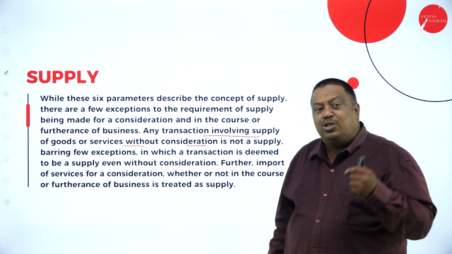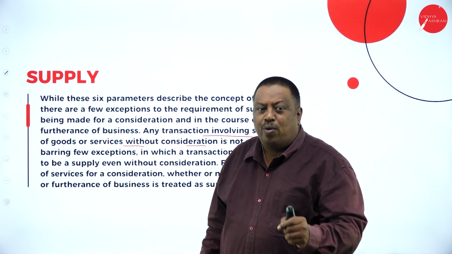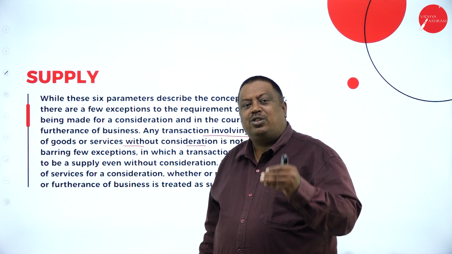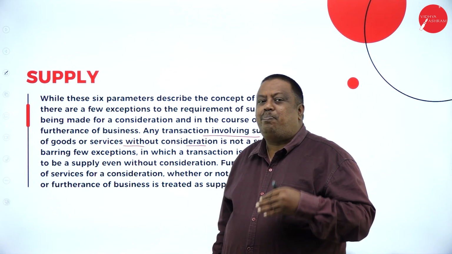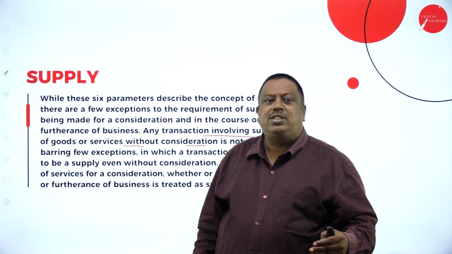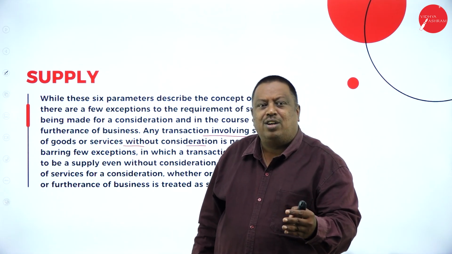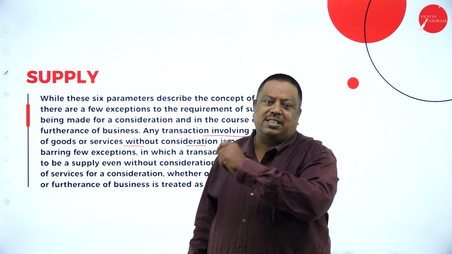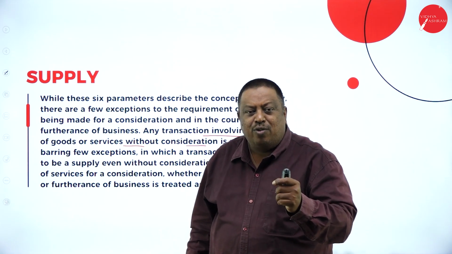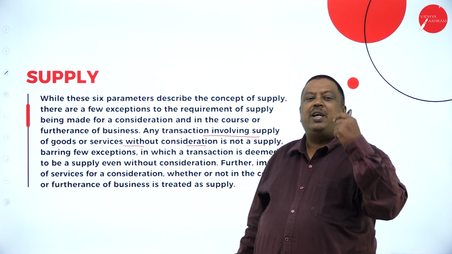If I consume the same masala dosa at home, I am not going to pay any amount to my mother or my wife for serving a masala dosa. But in the restaurant, for serving the masala dosa, we are going to pay the amount.